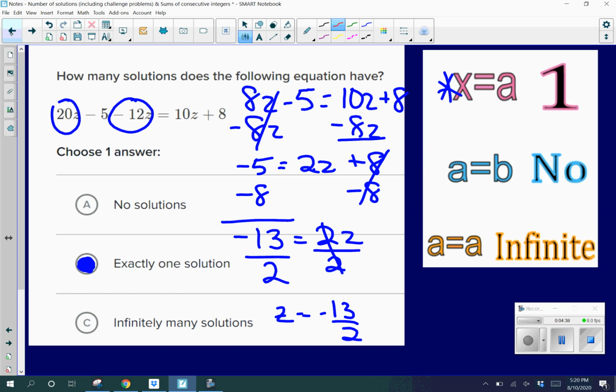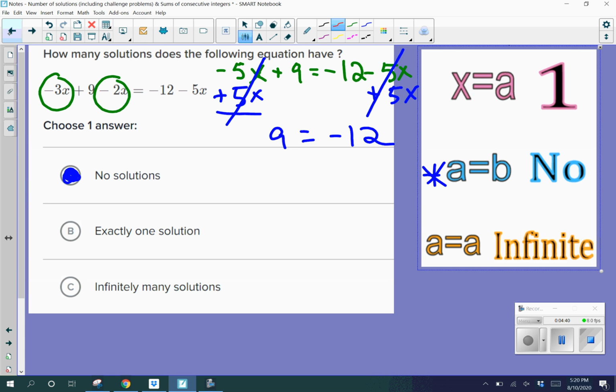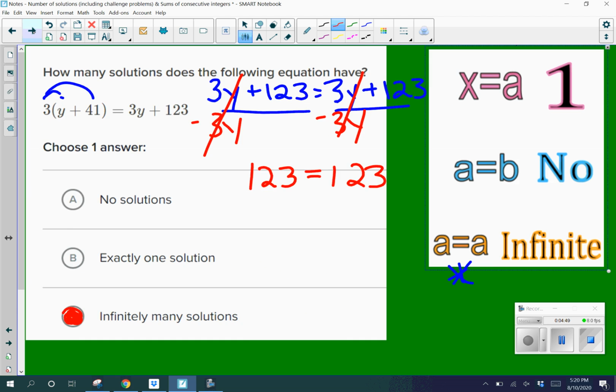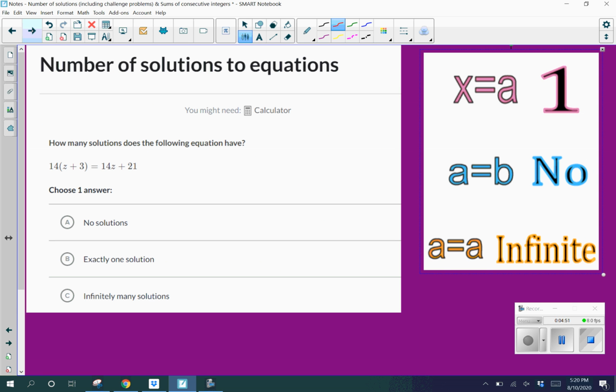Whereas in this case, this first problem, no solution, it doesn't matter what number I try to plug in for x, it will never work in this equation. Okay, let's try another one of these. So I'm going to distribute my 14. That's going to leave me with 14z.